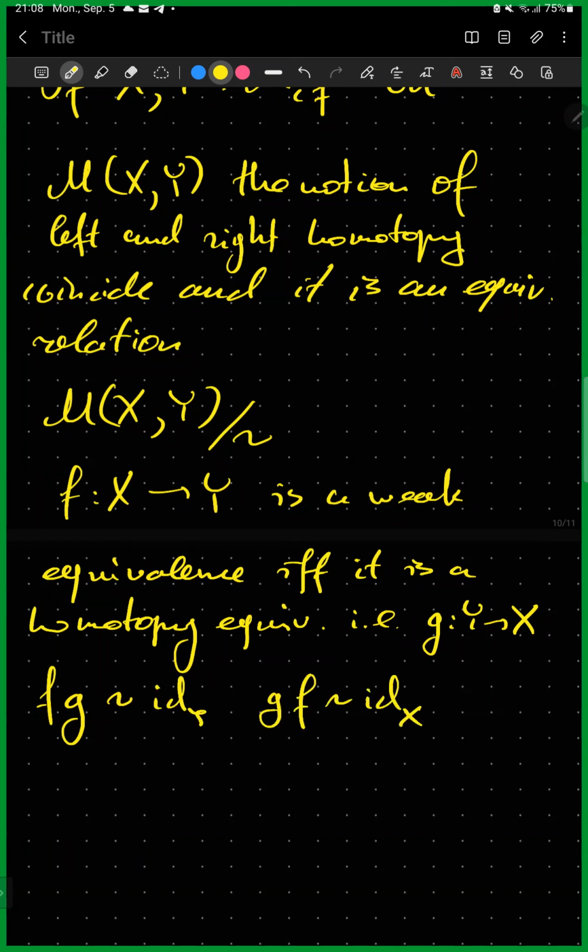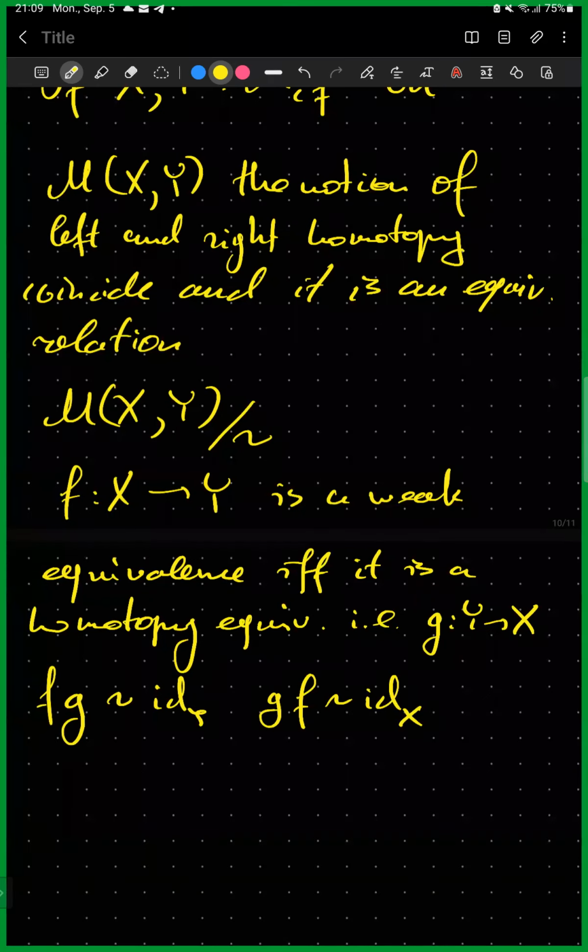So you may think of it as a model theoretic analog of Whitehead's theorem about weak equivalences between cell complexes.